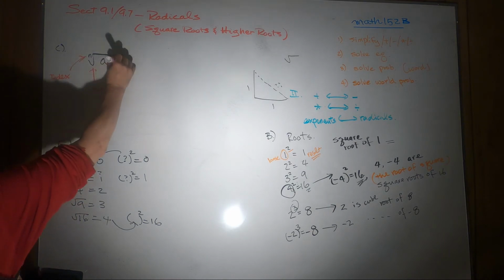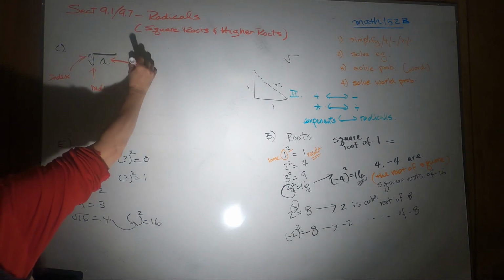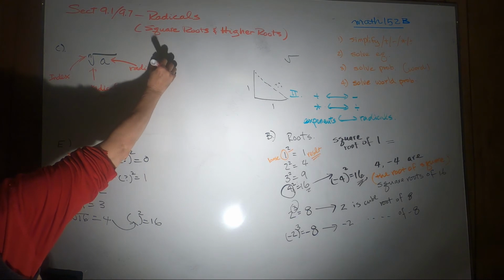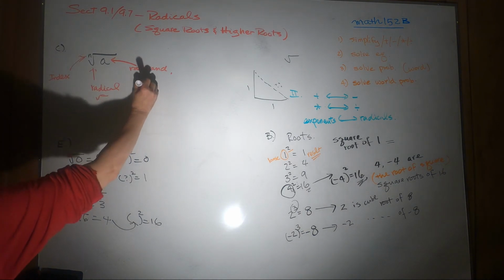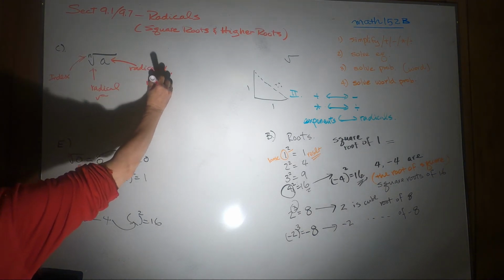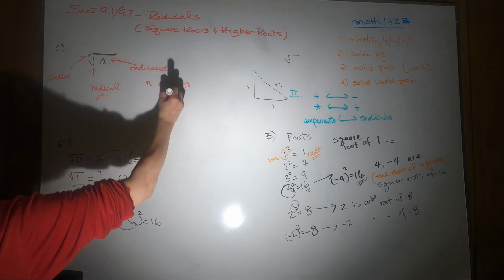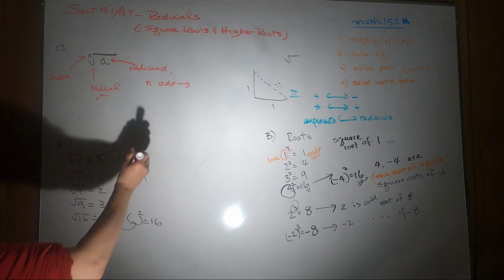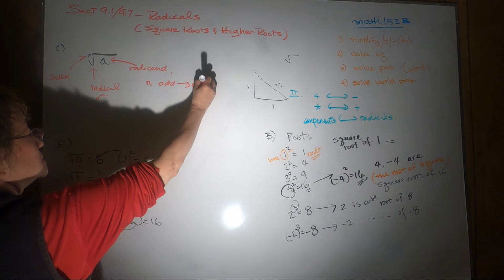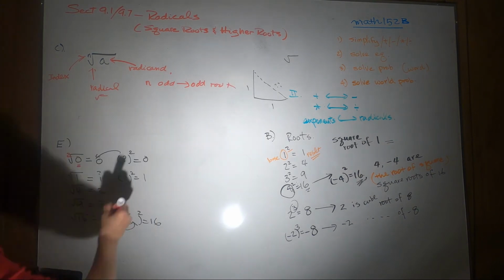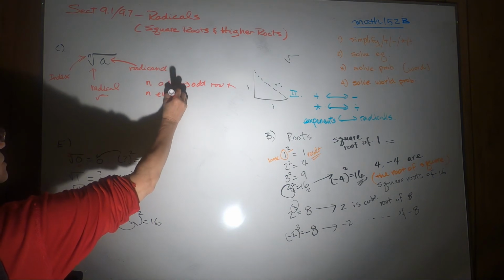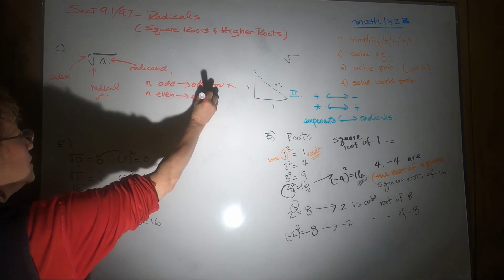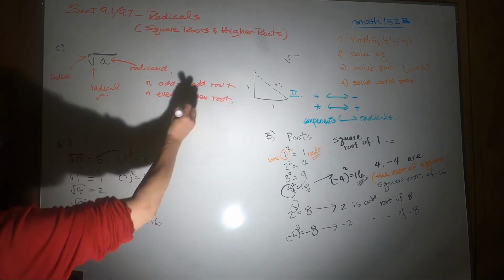Then the number inside, we call it the radicand. That's the name. All right. Then if n is an odd number, then we find the odd roots. Right? Then if n is an even number, then we are going to find the even roots. Right?